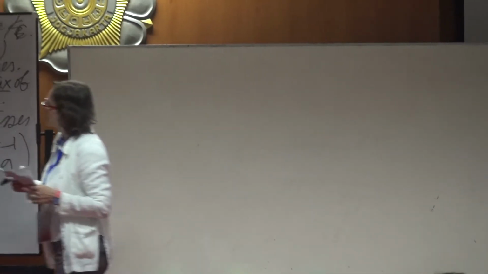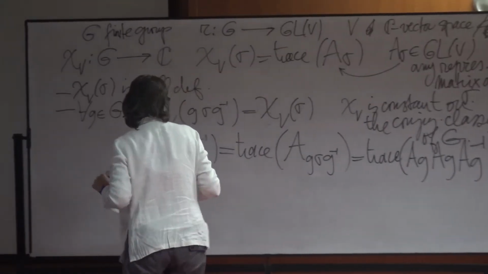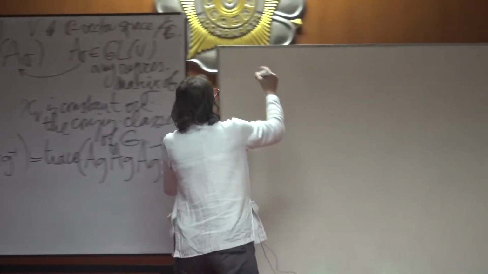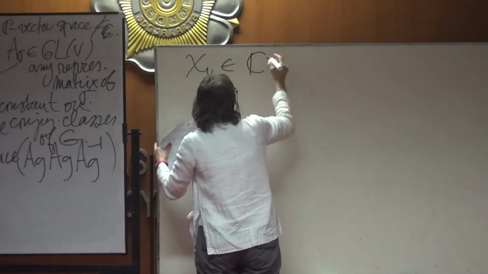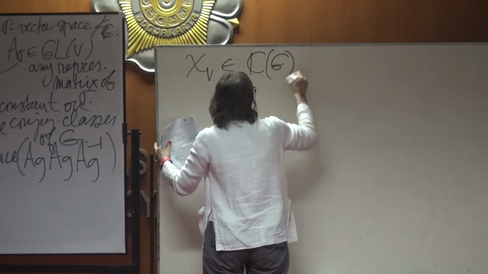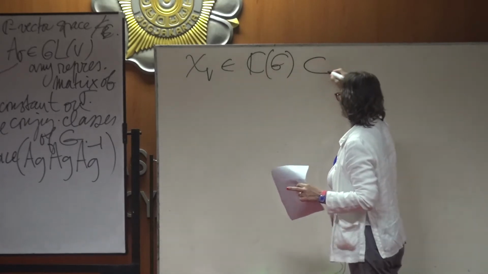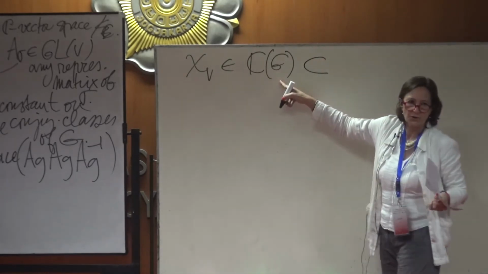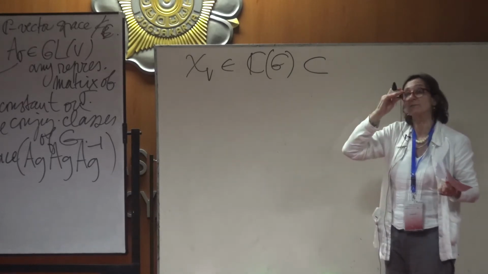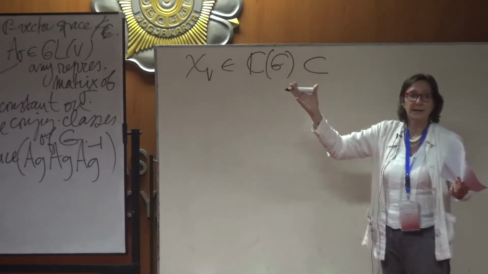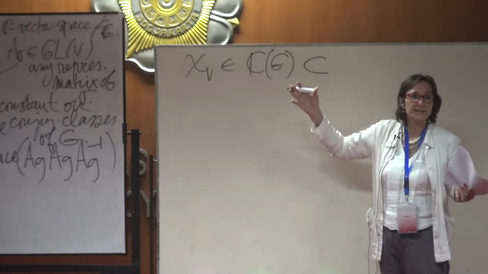So then we say that chi of V is an element of the so-called central functions on G or class functions on G. The two names mean the same thing, which is that they are constant on conjugacy classes.